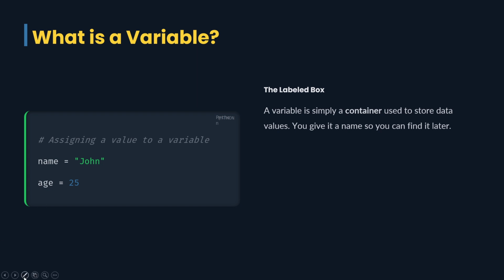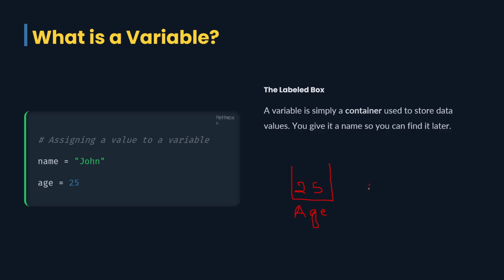Say for example, here we have a container. In this container we have a value of 25. The label of this container is age. So here, what will be the variable? Age is the variable and its value is 25.